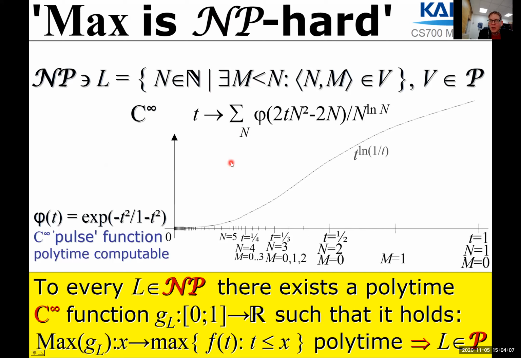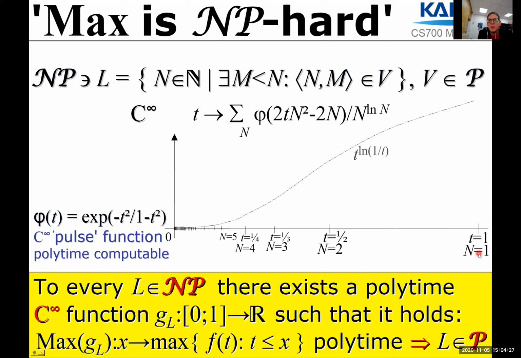Namely, we're going to subdivide each interval here further, right? So we had these intervals, one for each possible input n, and now for each possible input n, we can create a subdivision that also makes room for the possible witnesses.